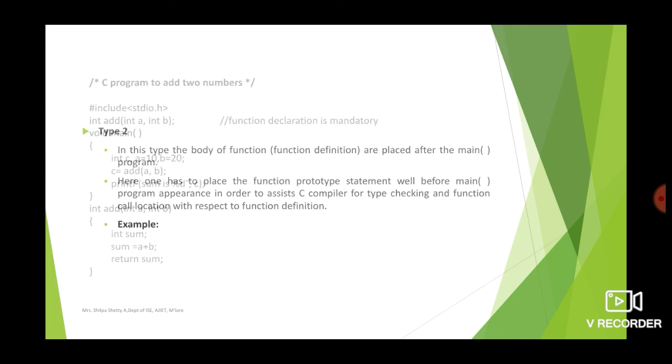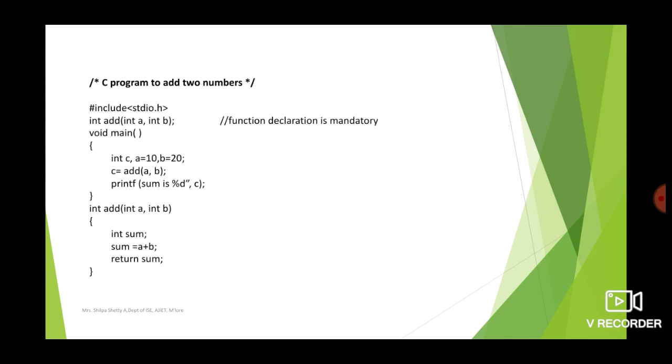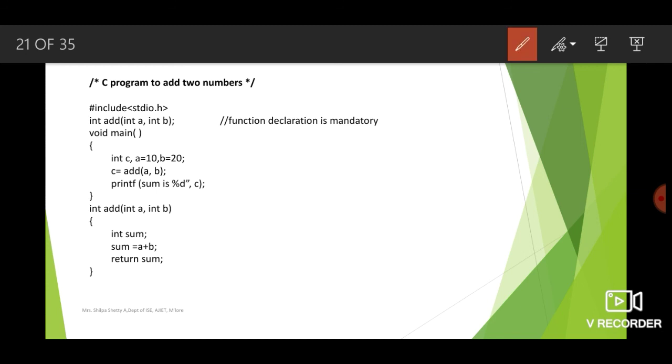So let us see the same add example written according to type 2. If you look at the program now, the main function has moved first, immediately after the function declaration. The definition of the function add is written after the main.